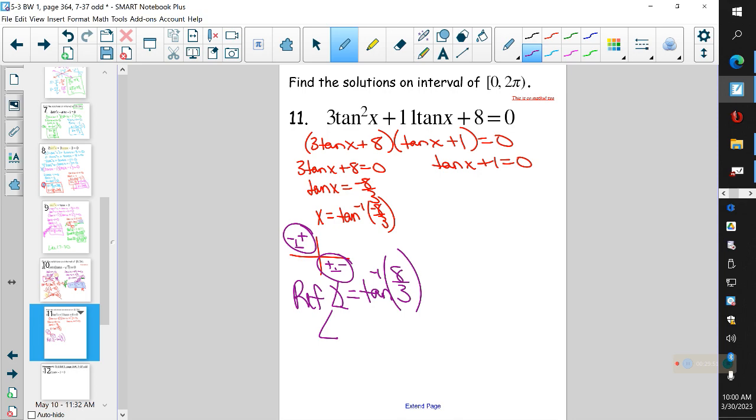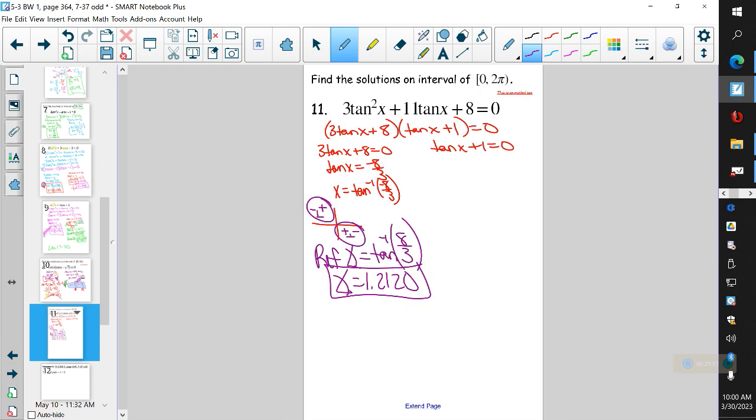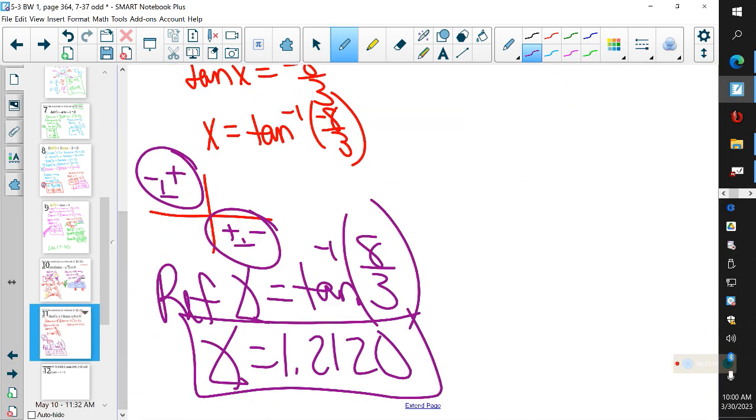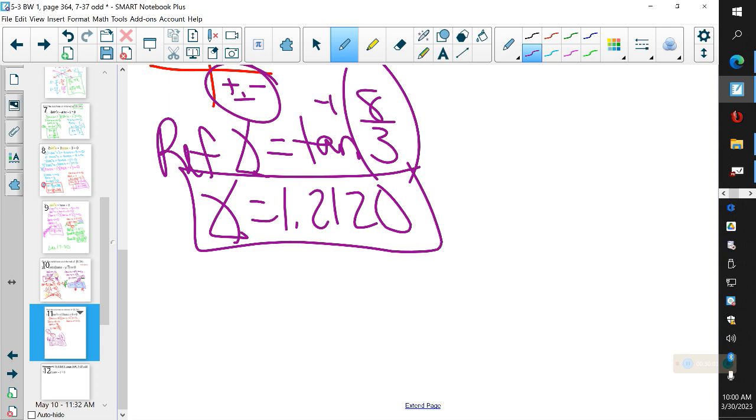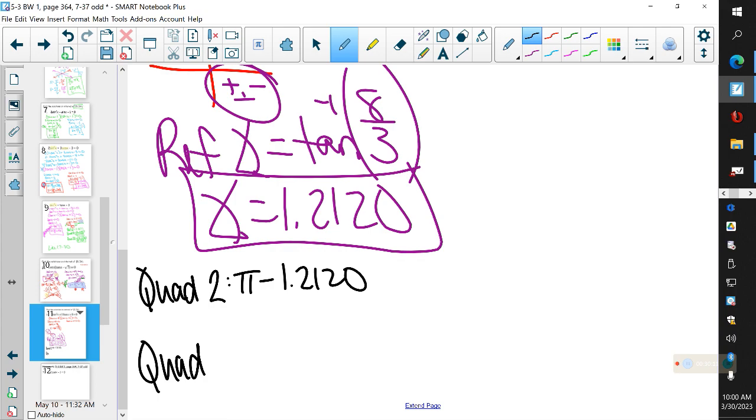Okay, that's my reference angle. The problem is I need to now be in quadrant 3 or quadrant 2. So my quadrant 2 is going to be pi minus this, and then my quadrant 4 is going to be 2 pi minus this.